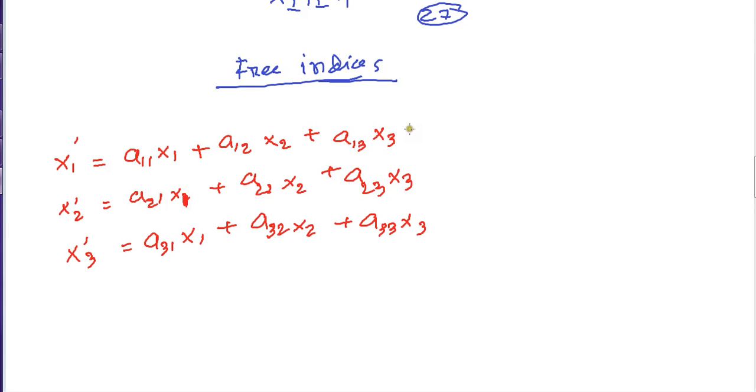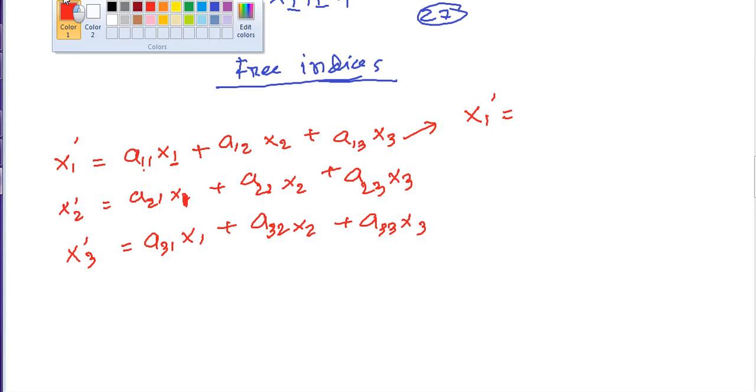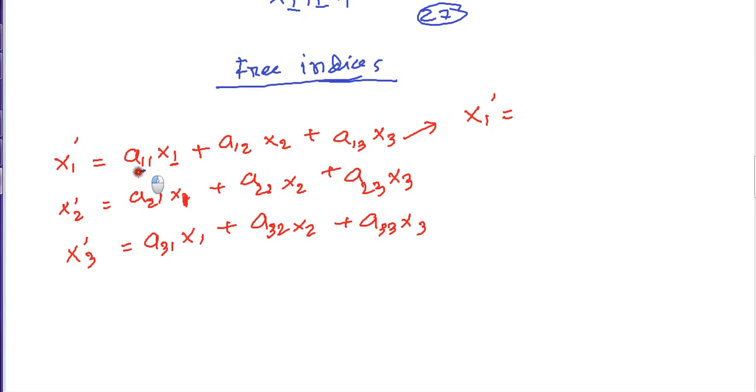In compact form, if we write this system of equations, then x1 prime equals, so for example, I'm going to make you understand. Here a has two indices, 1 and 1, and x has one index.